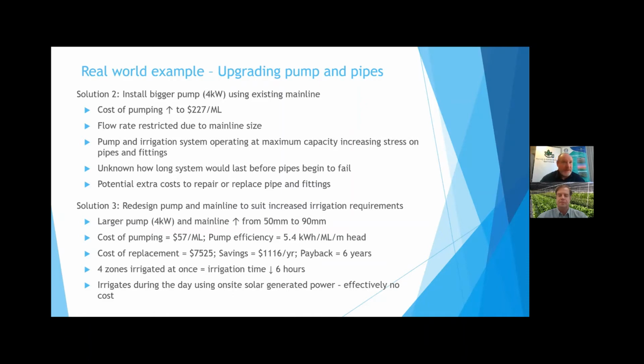His pumping efficiency rating came in at 5.4, and the overall cost of implementing the new pump and main line was $7,500. But by doing that, he's actually saved himself a little over $1,100 per year in pumping costs, and that's basically paid for the upgrade in 6 years.